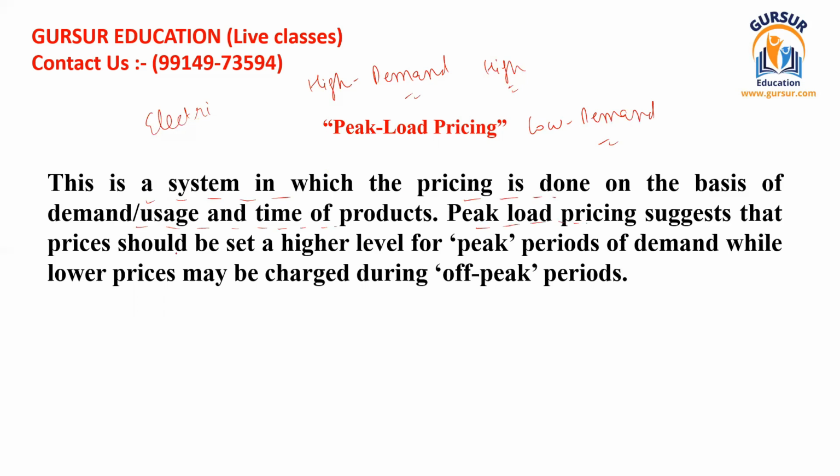Peak load pricing suggests prices should be set at a higher level for peak periods, and these should be lowered in off-peak periods. So when the demand or the usage is high at peak periods, then higher prices should be charged.